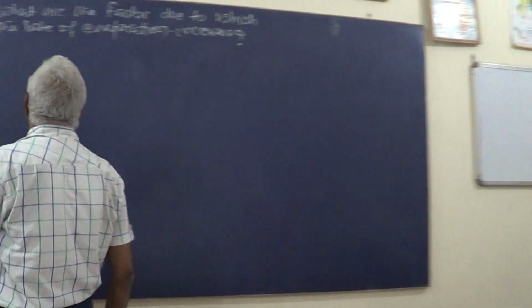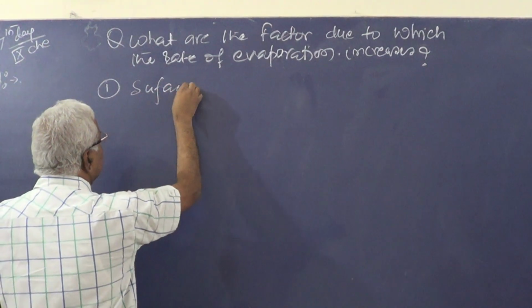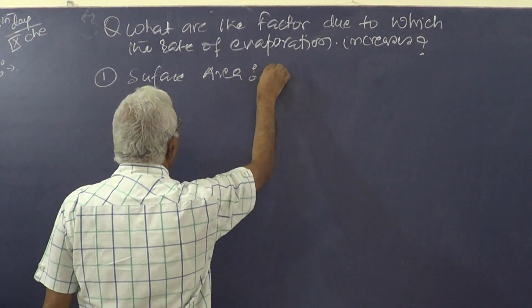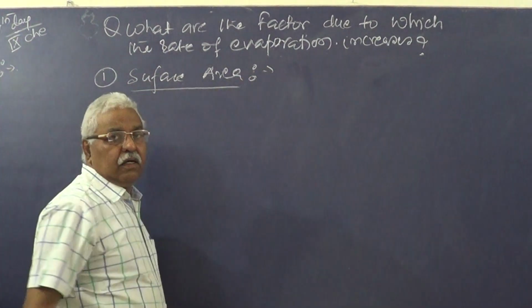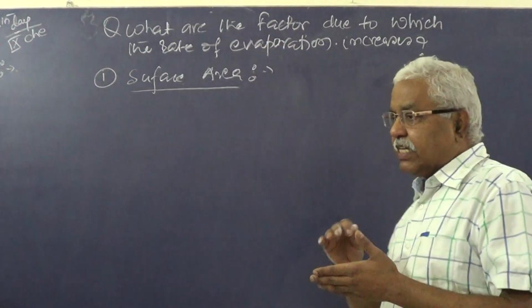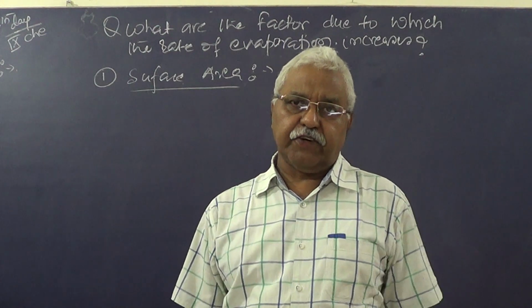And what factors will govern it? Now let's talk about that. Surface area. Students, evaporation takes place from the surface area only, the upper surface of the liquid.